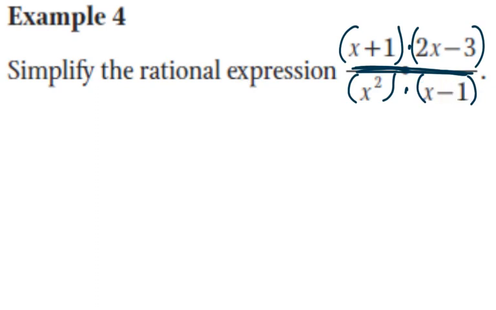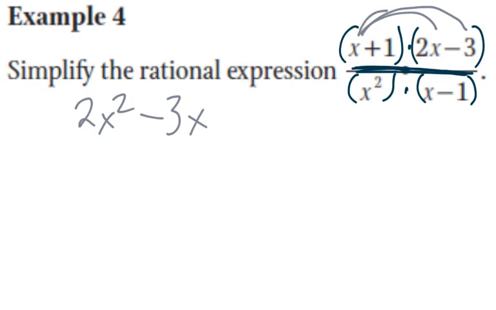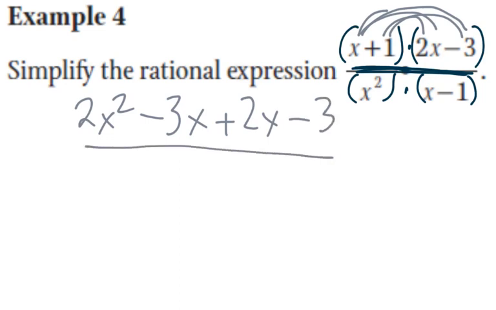Okay, so I just multiply across. So x times 2x, 2x squared, x times negative 3, negative 3x, 1 times 2x, positive 2x, 1 times negative 3, negative 3, over x squared times x, x cubed, x squared times negative 1 would just be negative x squared.